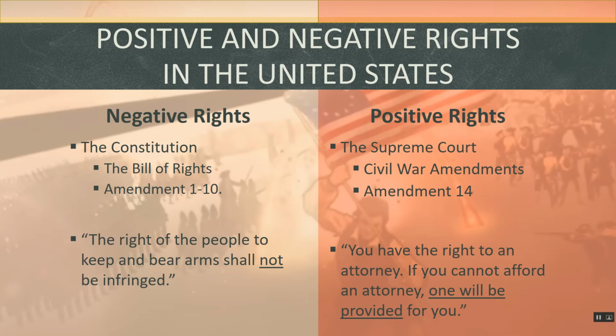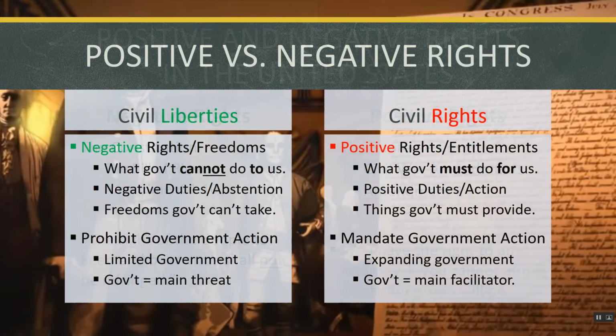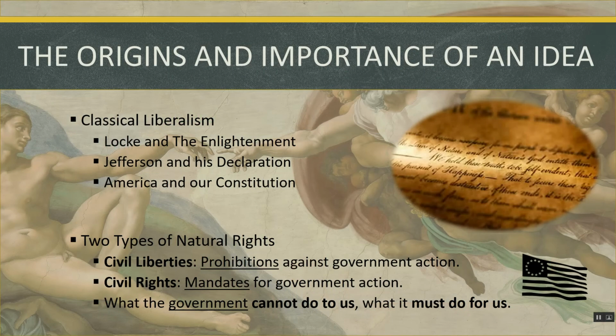Positive rights are never explicitly discussed in the Constitution of the United States, because remember, at the time of the American Revolution, at the time that John Locke was writing his Two Treatises on Government, that Thomas Jefferson was writing the Declaration, that the framers were writing our Constitution, their primary concern was preserving the freedoms that individuals had enjoyed, which they felt governments were threatening.